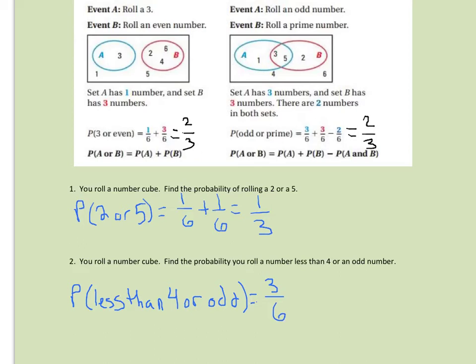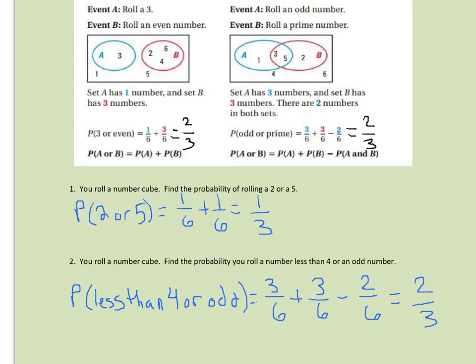The probability of an odd number, well, there's 3 odd numbers, so 3/6. Do I have any numbers that are both odd and less than 4? Yes, I have 2. So I have to subtract those 2. So that would be 4/6, which is 2/3.